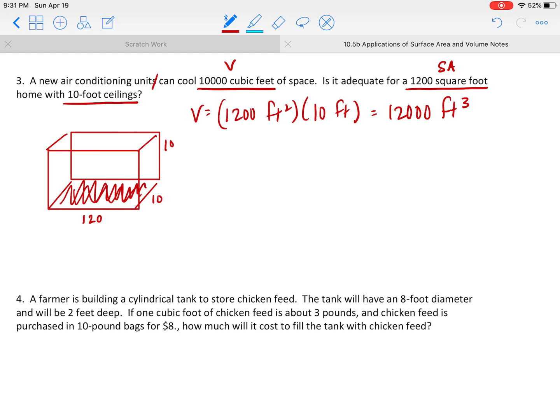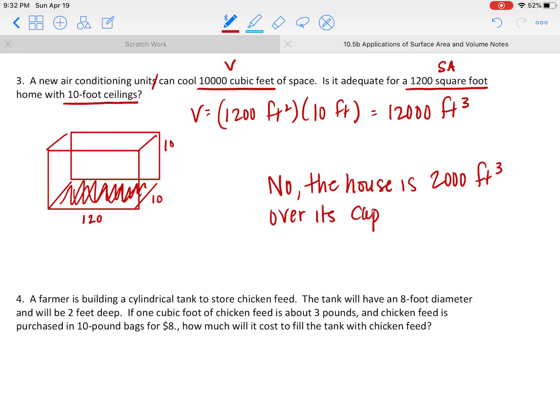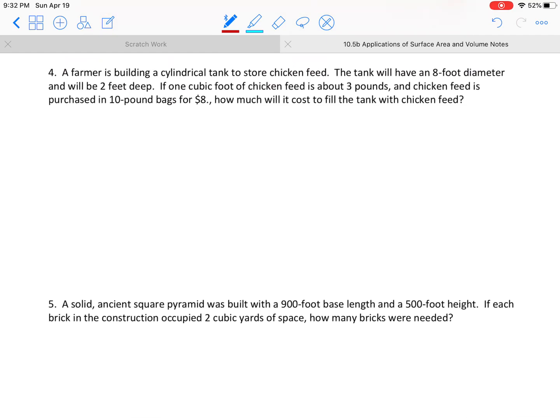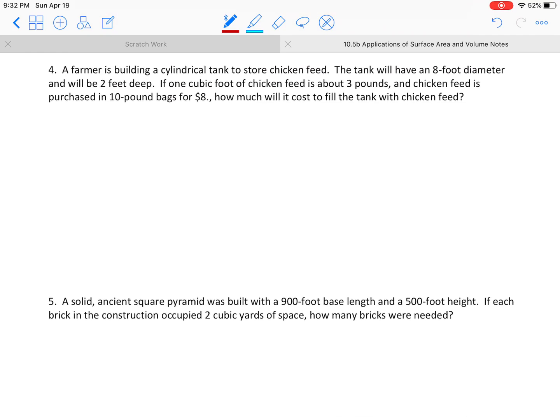So is that unit going to be adequate for the 1,200 square foot house? I mean, if you want to not have AC in one of your rooms, maybe, but I would say no, right? The house is 2,000 cubic feet over its capacity. Okay, hopefully that one is a little easier.